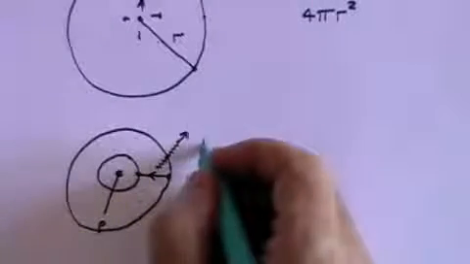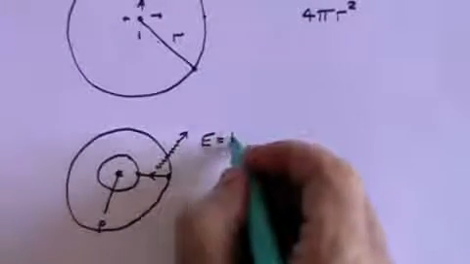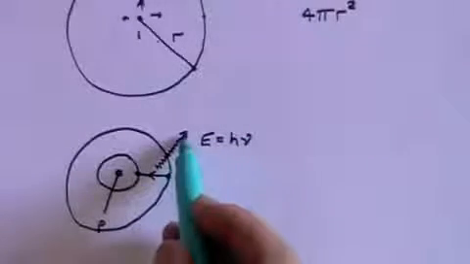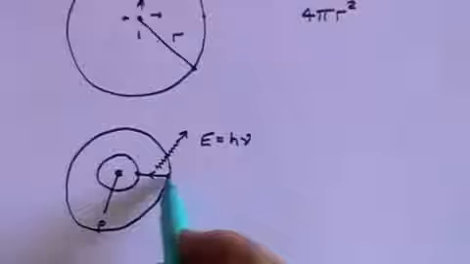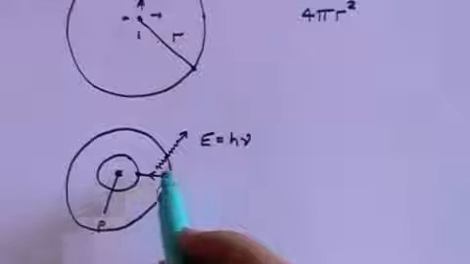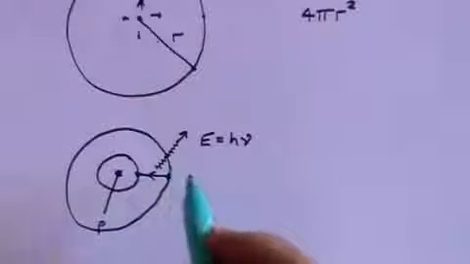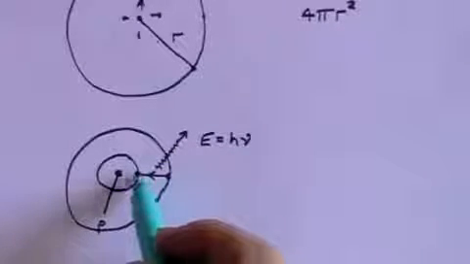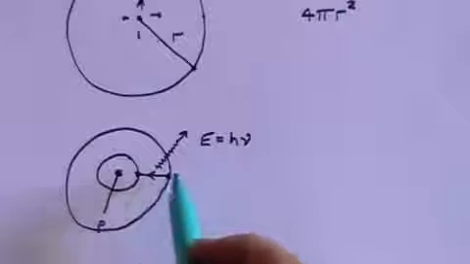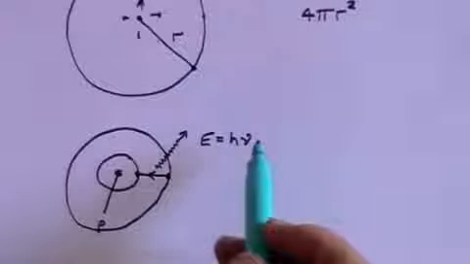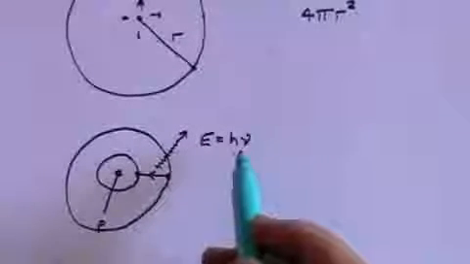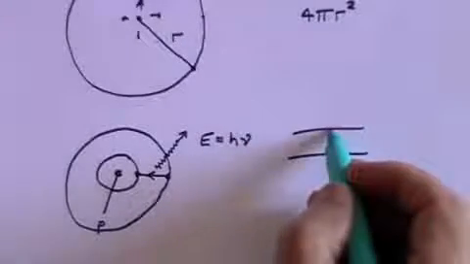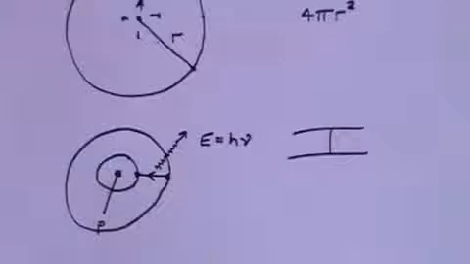And the photon's energy will be given by Planck's constant times nu, where nu is the frequency of that photon. So an electron falling from that level to that level gives off a precise amount of energy, which is the energy difference between the two orbitals, and that energy converts into a precise frequency, which is why when you look at a piece of film, you will see a very precise spectral line.